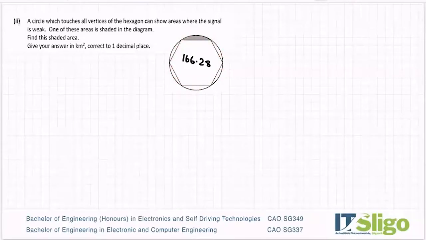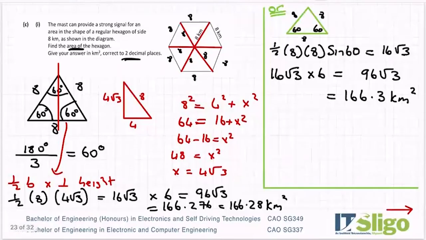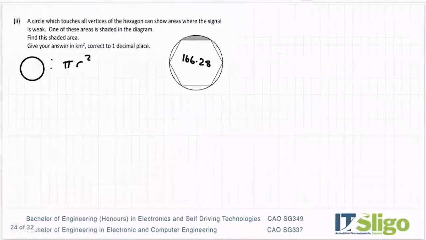Let's get the area of the circle. You know that that's pi r squared. Do I have the radius of the circle? If you think about it, it's going to be an 8, isn't it? It's from the center out. They have drawn the circle around here, so the radius is also going to be 8. You can see it here.